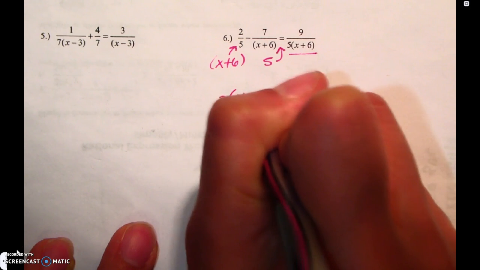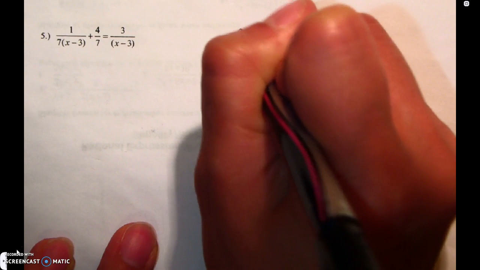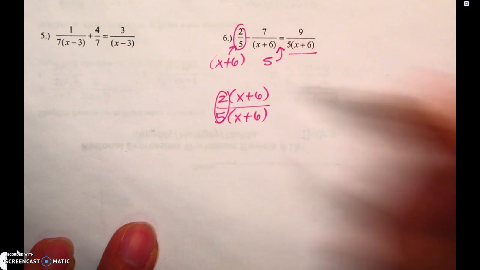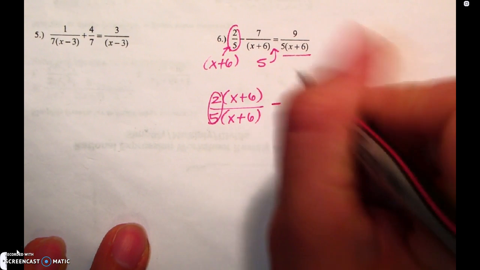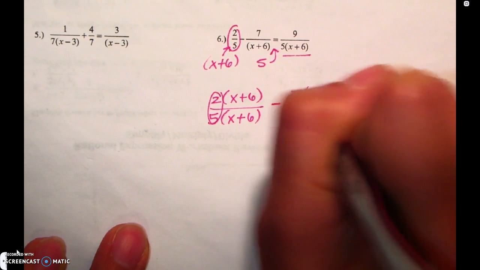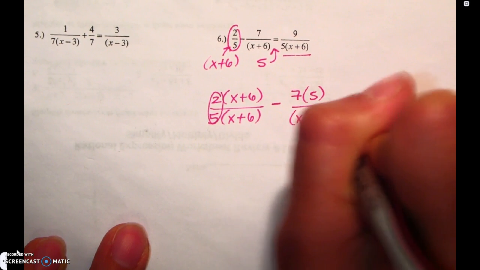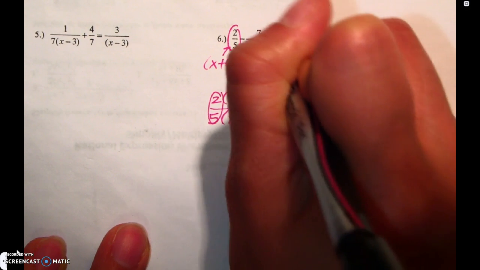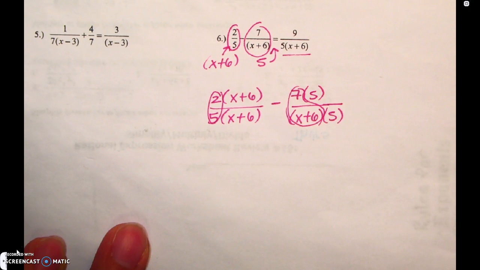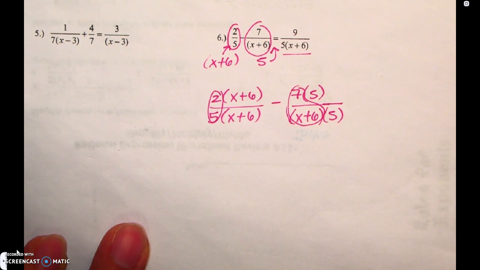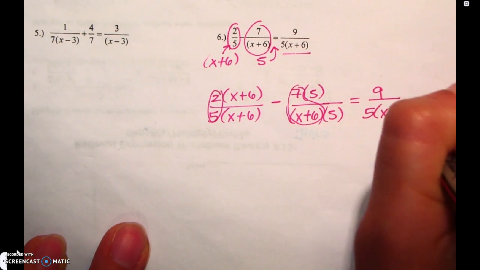So 2 times x plus 6 over 5 times x plus 6, minus 7 times 5 over x plus 6 times 5, is equal to 9 over 5 times x plus 6.